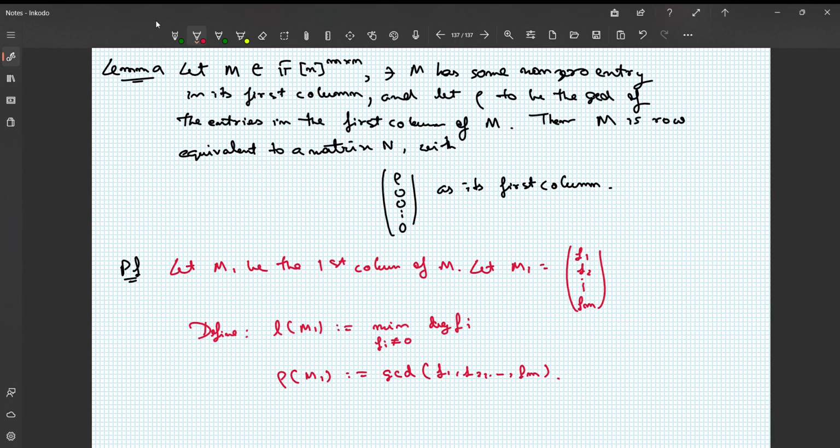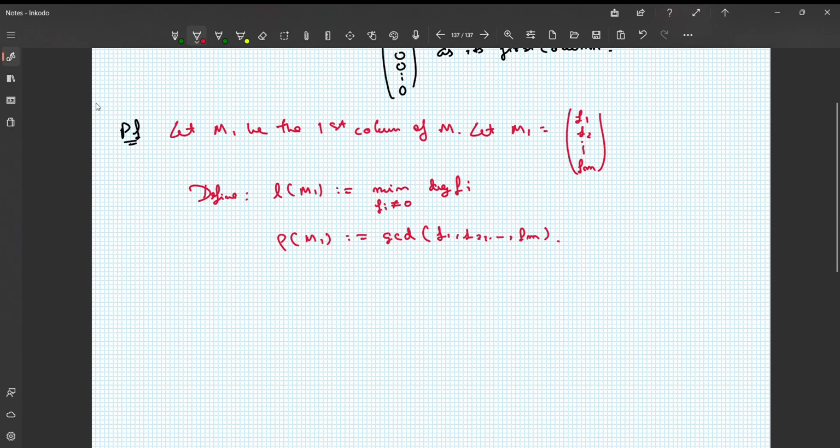So rho of M1 is what we are given as rho in the lemma. Now we choose some index j such that this minimum degree is attained. Let j be some index such that the degree of Fj is this smallest degree, L of M1.